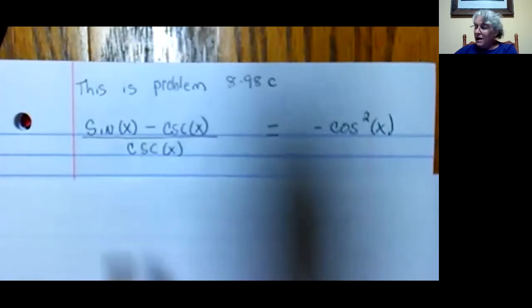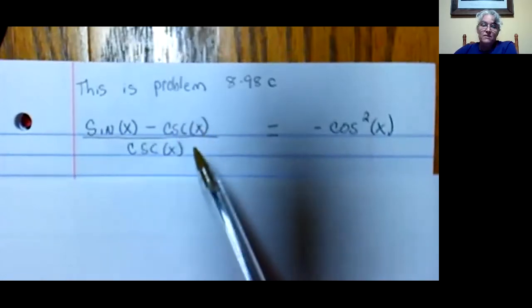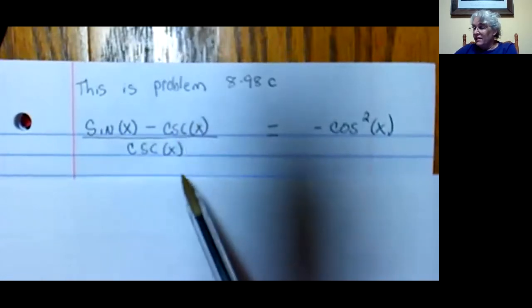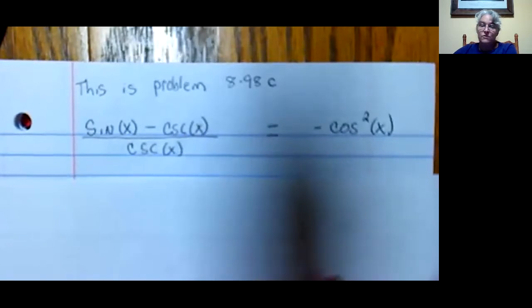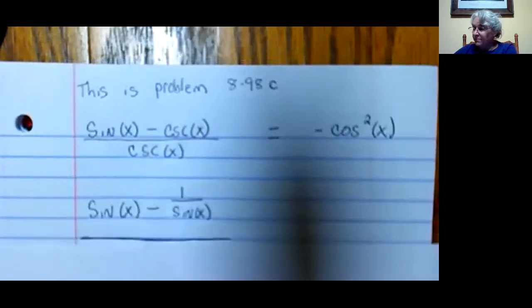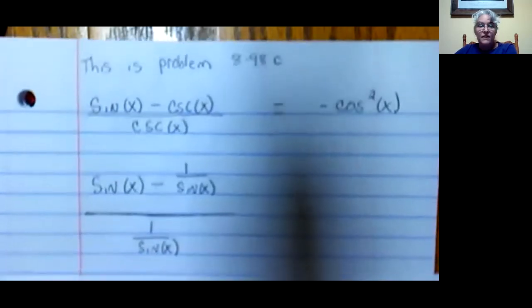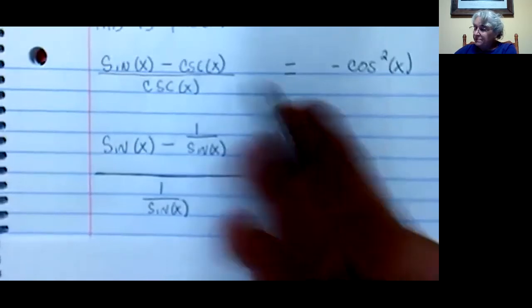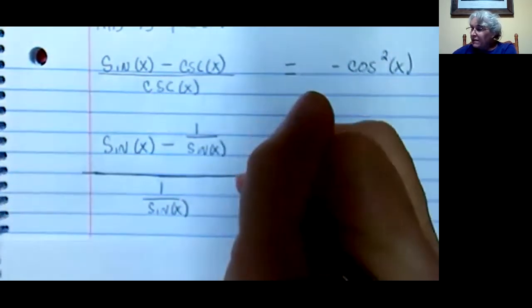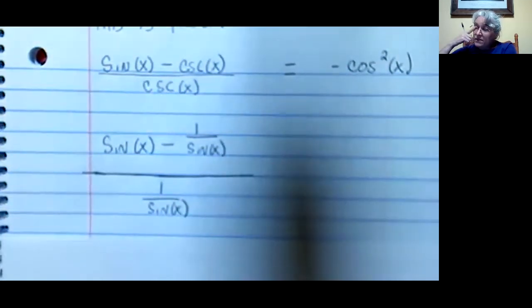So for this problem, I'm just going to take my cosecant and put everything into terms of sine and cosine. So cosecant is really 1 over sine of x right there. Make this a little bigger. Okay, that's lovely.